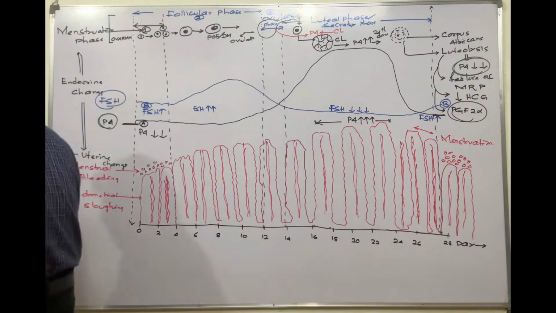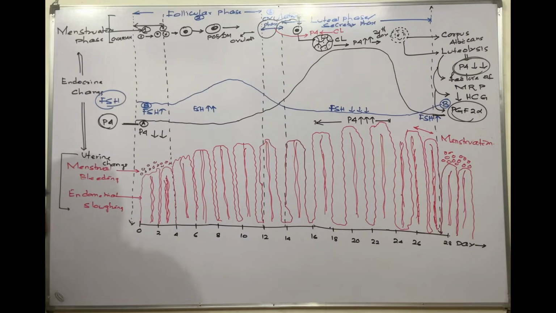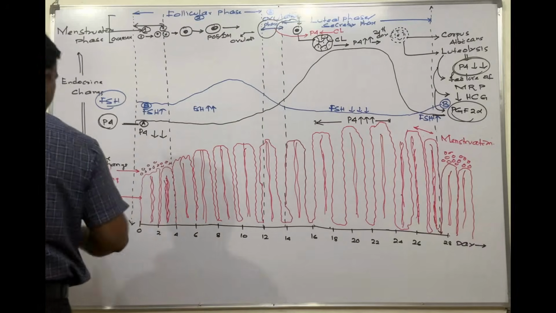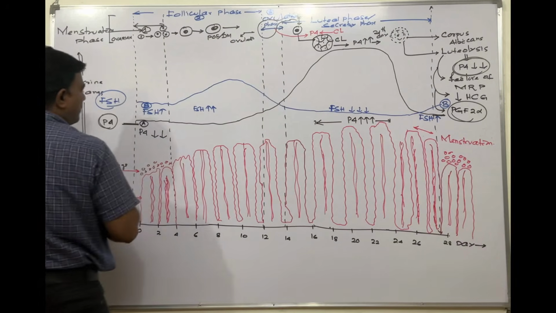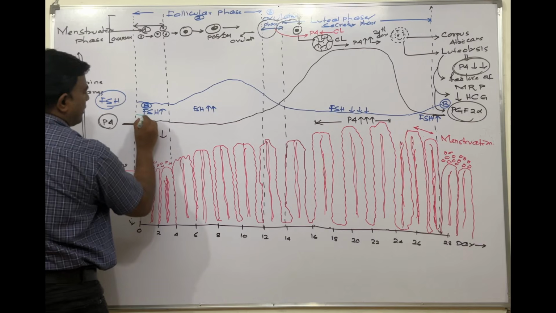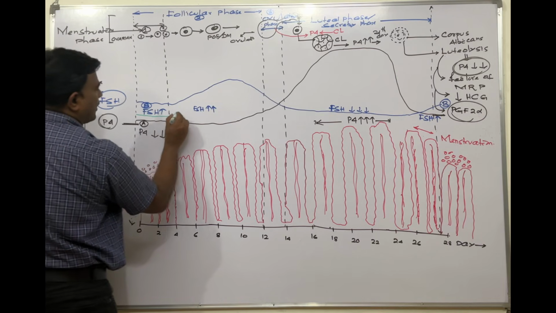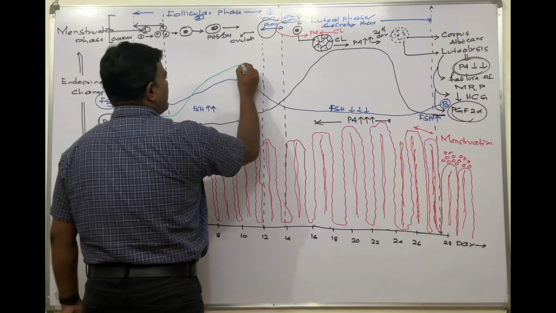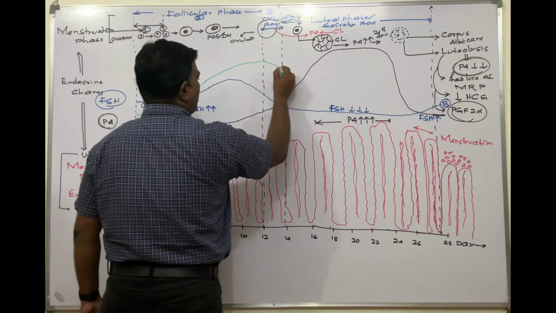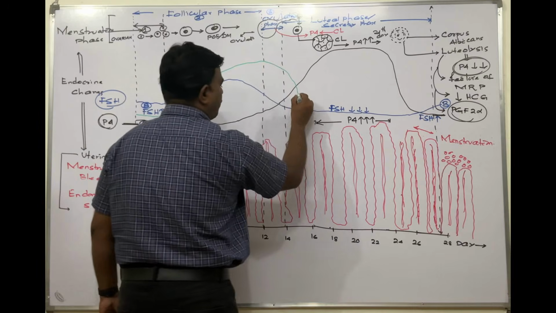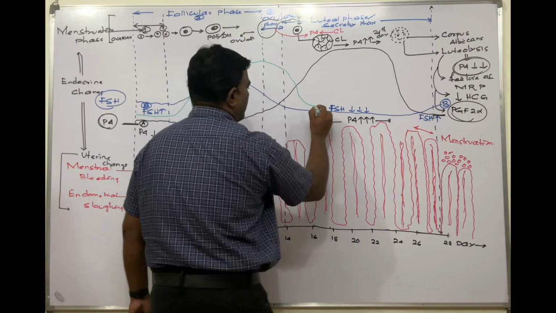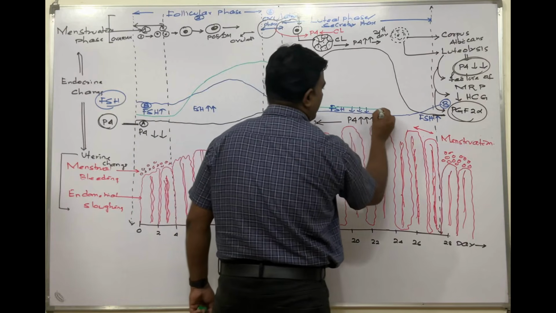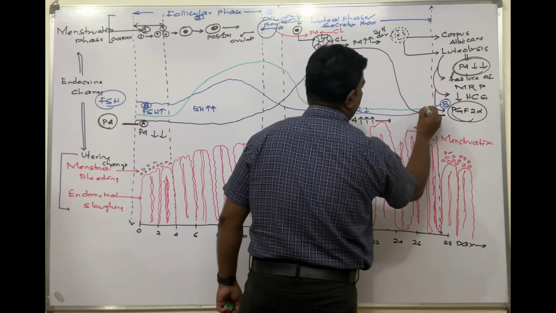So now coming to C, you can see my green pen, that is for estrogen. Estrogen was a little bit low during menstruation, but with follicular growth, estrogen has started rising. This is estrogen. Now estrogen is falling, from the 13th day onwards it will start falling, but it will remain, and here at the end it will start rising.